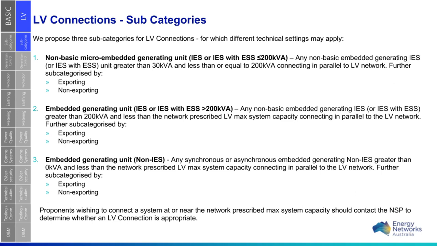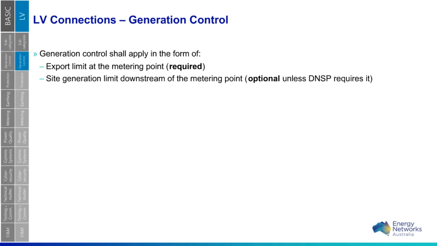And then lastly, there's a category for non-inverter energy systems, which would be synchronous or asynchronous systems that are greater than 0 kilowatts and then up to the network prescribed LV maximum, also further subcategorized by exporting and non-exporting. So where proponents envision that they would be connecting close to the LV network maximum, we'd suggest that they talk to the DNSP just to make sure that the LV connection is still right for them.